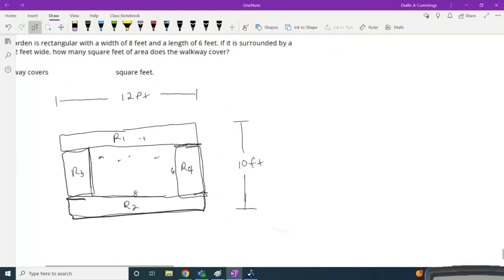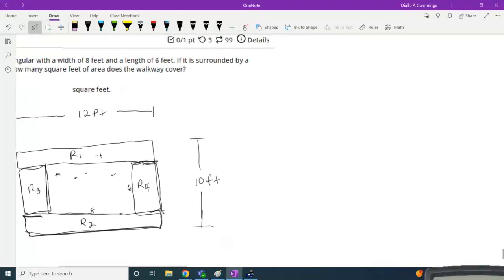So just like we did in the last problem, we're going to find the area for each rectangle and add them together. All right, so first let's find the area of rectangle 1. The area of rectangle 1 is equal to the length times the width. What is the length and what is the width?